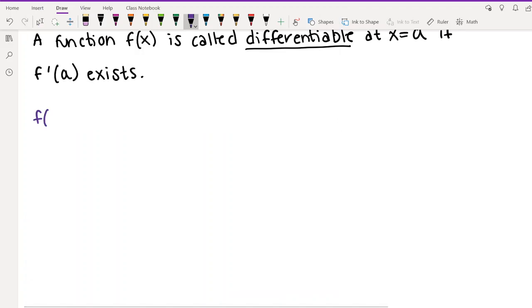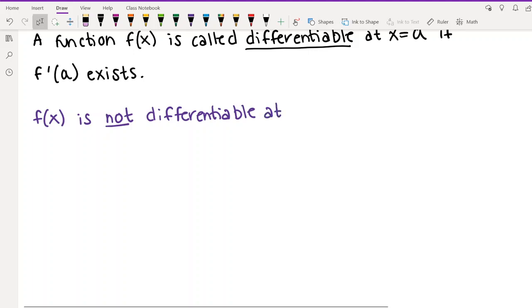So f of x is not differentiable at x equals a if any of the following things happen.